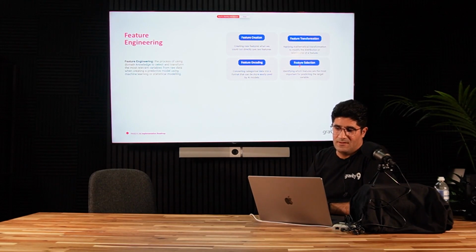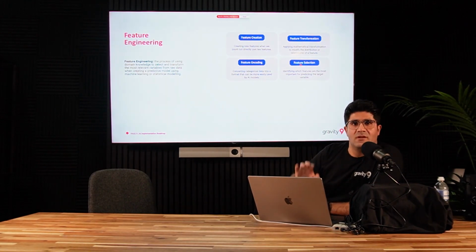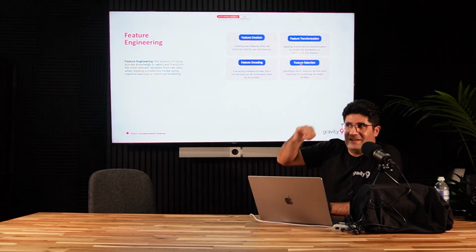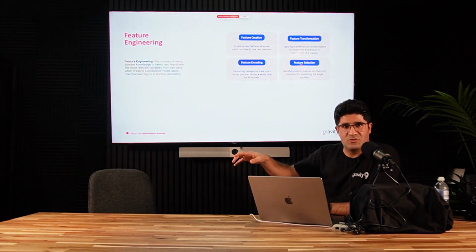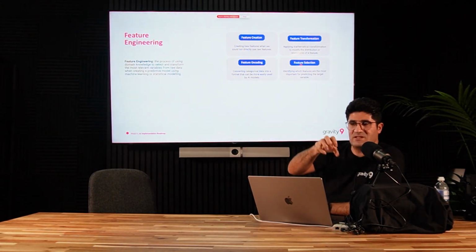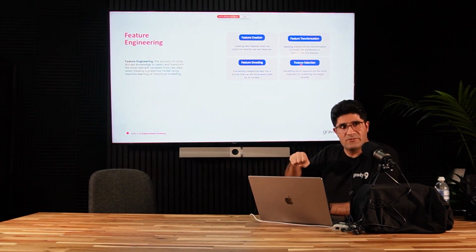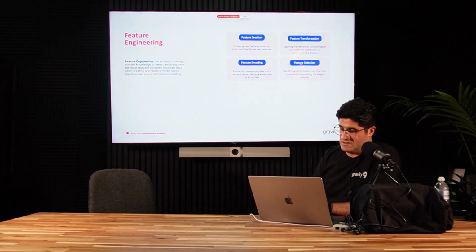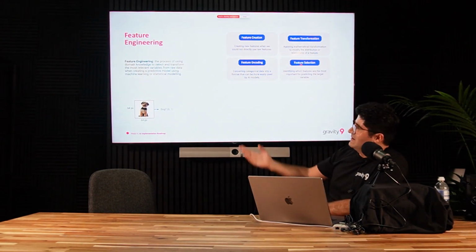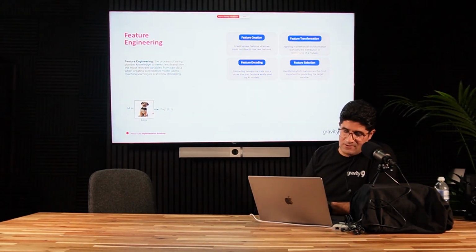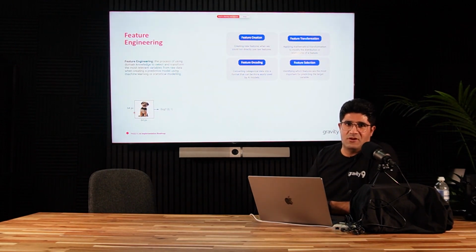Or feature selection. Not all the data have the same impact on the output. Selecting the most important items and just passing them is another step. So for example, if you want to train, in this case, we have a very lovely duck, a photo of a duck.